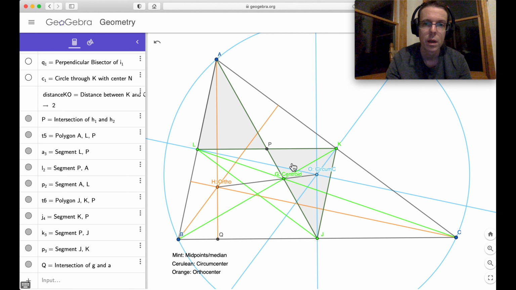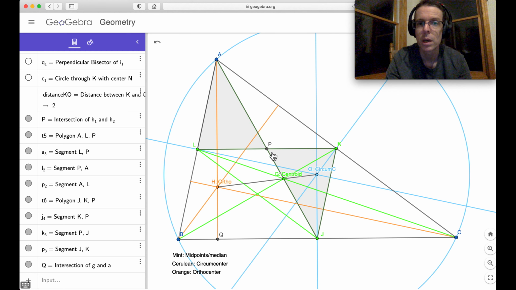So if they're congruent, then in what sense? JKP is congruent to ALP. Which sides correspond? JK corresponds to AL. LP corresponds to PK. If so, that means that the length LP and the length PK must agree. And that, finally, means that the point P is the midpoint of the segment LK.